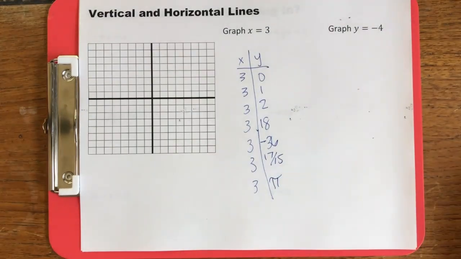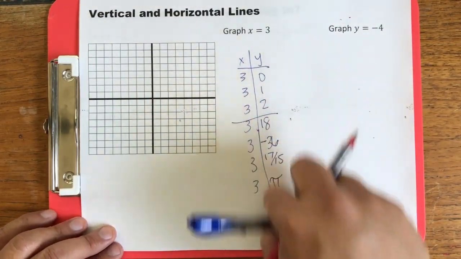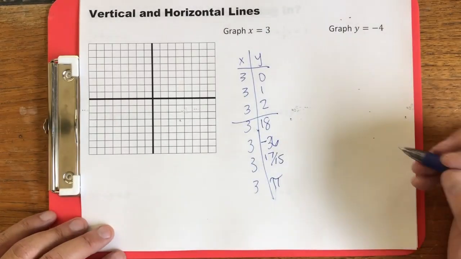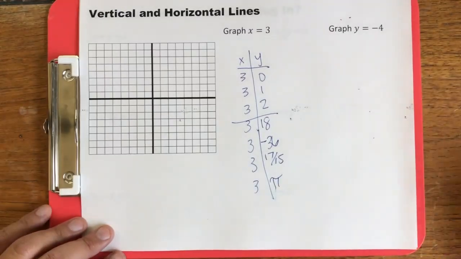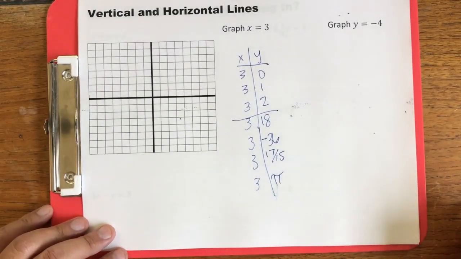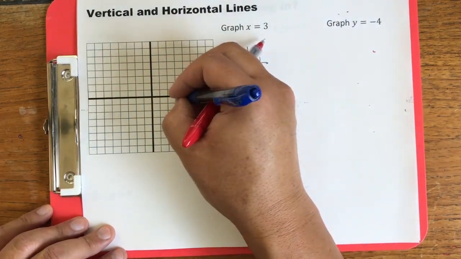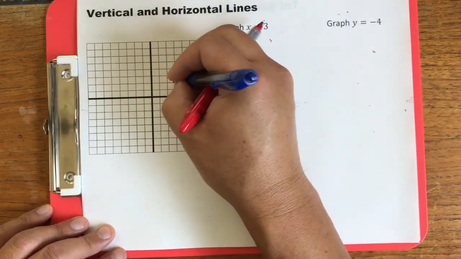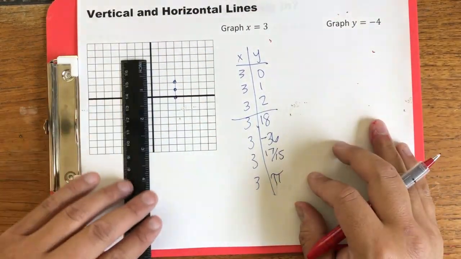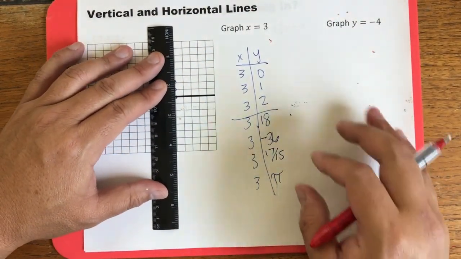It doesn't really matter. But why would you use any of these numbers? They're miserable. Just pick something easy like 0, 1, 2. And when I plug in these three points, (3, 0), (3, 1), and (3, 2), what happens is that I get a vertical line.